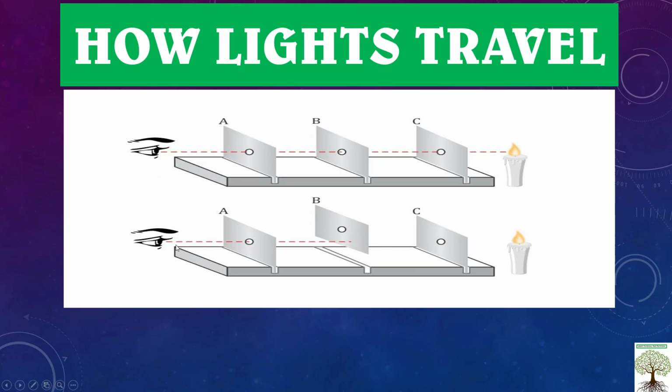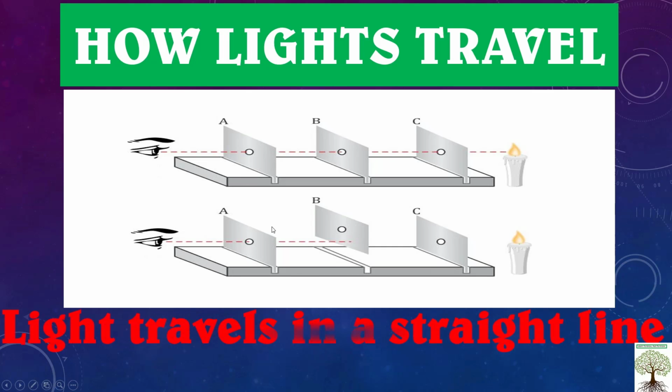No, we are not able to see it because here one obstacle is there, right? So you can say that light travels in a straight line. This is the first property of light. Light always travels in a straight line and in all directions.